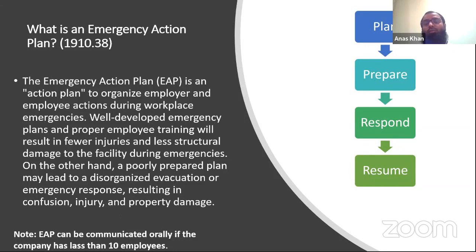So the first thing we need to do is identify the possible emergencies which are applicable to our scope of work. I went to one of the food companies in Riyadh, and I was looking at their documents. I told them, oh, it's a very good, very detailed document.